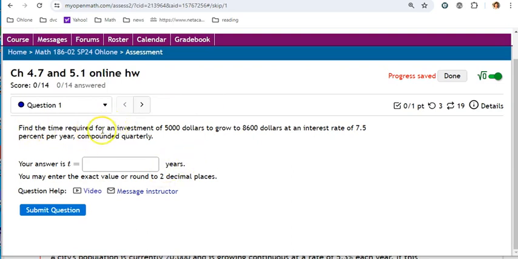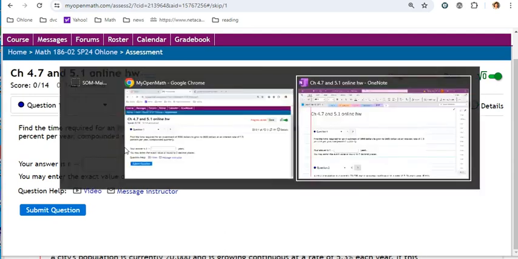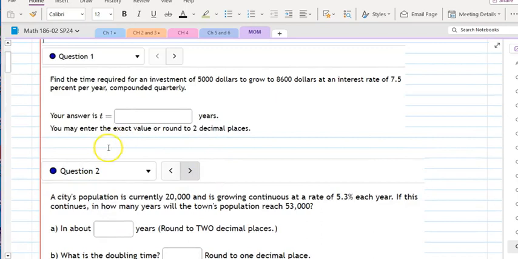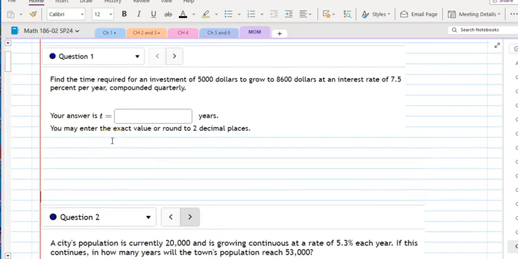Question 1. Find the time required for an investment of $5,000 to grow to $8,600 at an interest rate of 7.5% compounded quarterly. We set up an equation to solve for the unknown time.